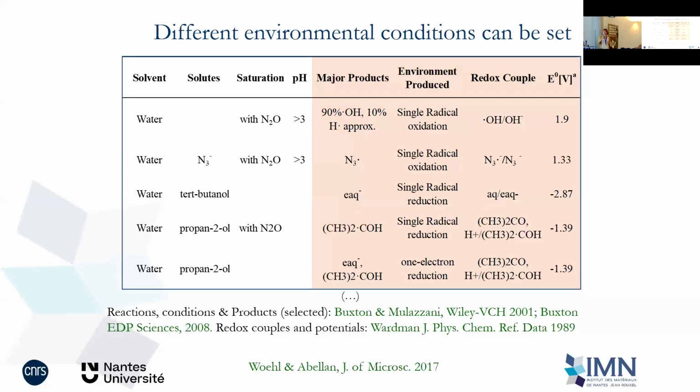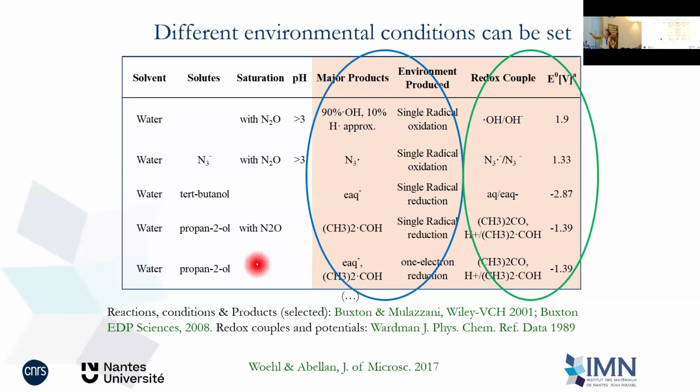And then you can go even further because we added this column here, and these are the redox couples. You can change the redox potential too. You see you have water in all the cases, and then you can choose what solute you are going to add for your scavenging, not just to have oxidizing or reducing conditions, but also to choose the redox potential, to be much more aggressive or much more mild.